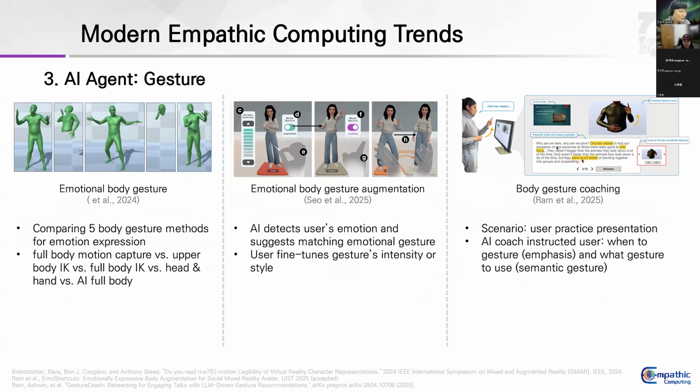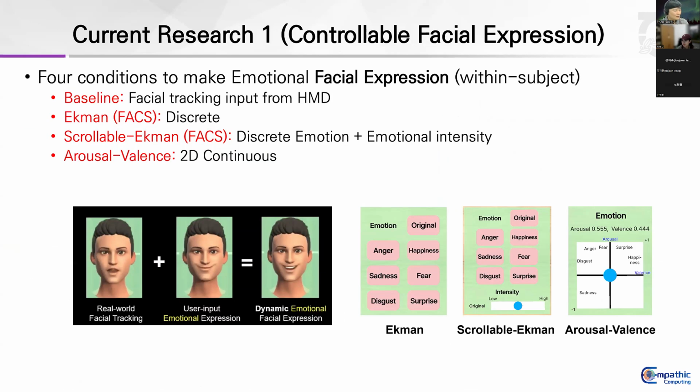For example, we want to explore the effect of facial expression. Then the facial expression should be identical for each participant. If you want to see the effect of a smiling face, then the smiling face should be fixed for every participant.